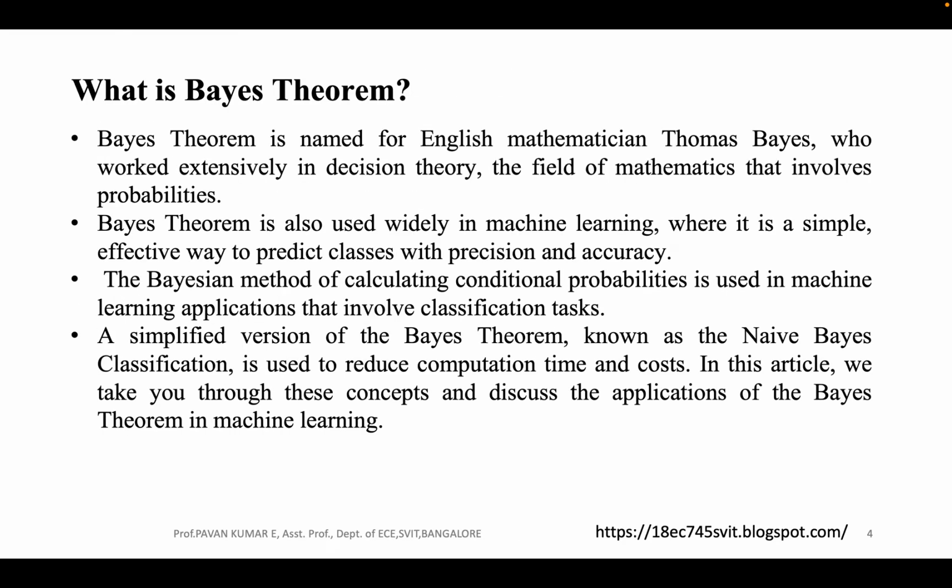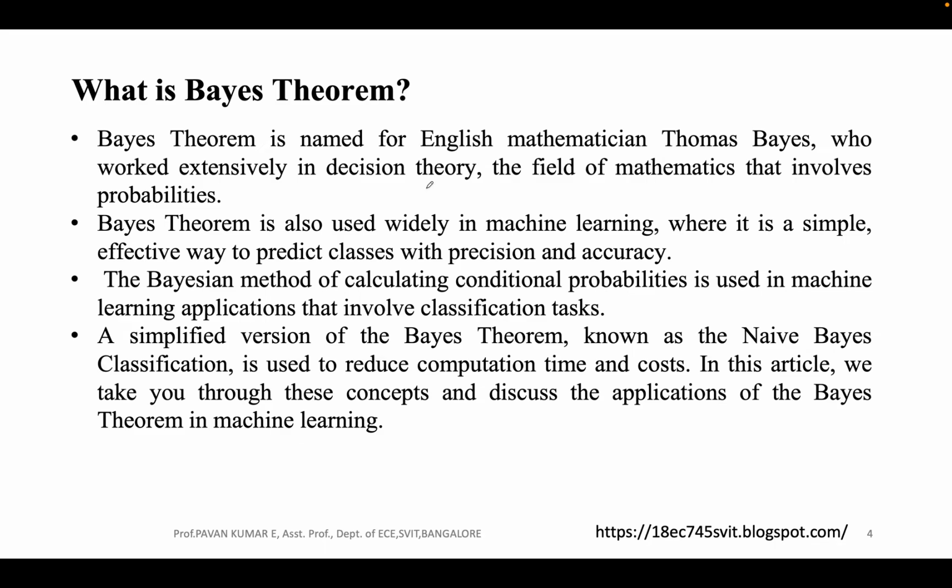Before proceeding, we have to know what Bayes theorem is. Bayes theorem is named after an English mathematician, Thomas Bayes, who worked extensively in decision theory. When you come to machine learning, decision theory is a very important algorithm that plays a vital role.